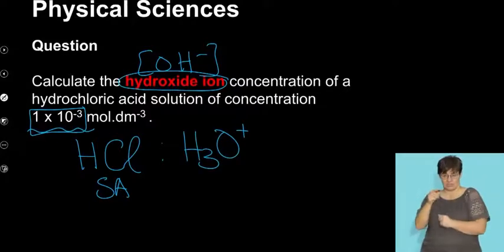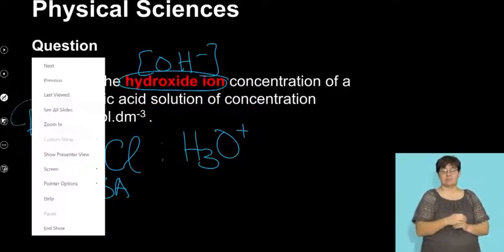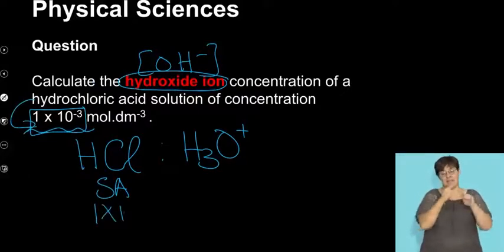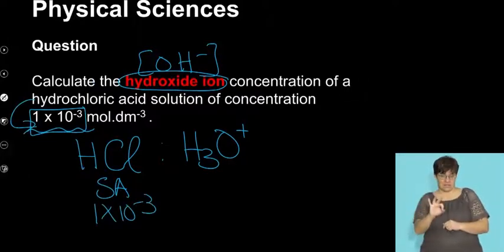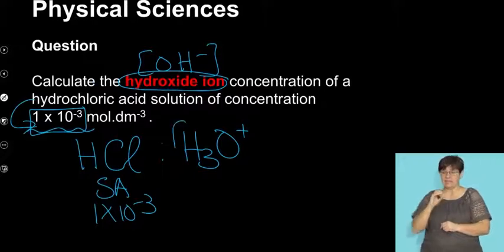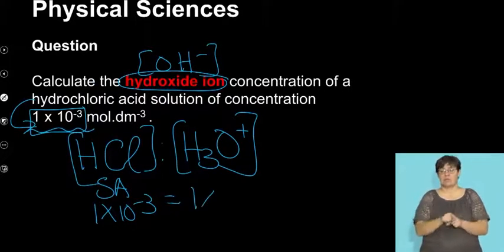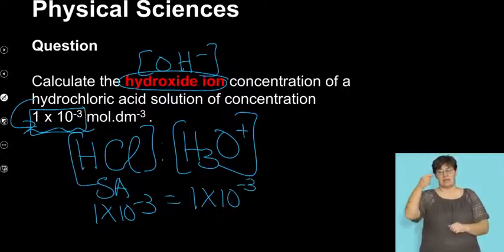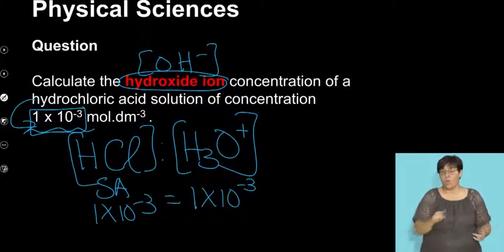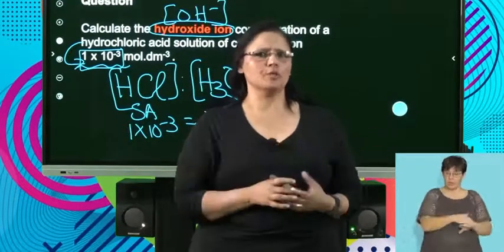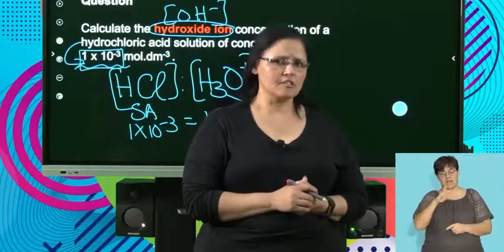And we also know that if hydrochloric acid has a concentration of 1 times 10 to the power minus 3, it means that the concentration of my hydronium ions is equal to 1 times 10 to the power minus 3. We can only do this if we have a strong acid or a strong base. For a strong base, it will be equal to the hydroxide ion concentration.